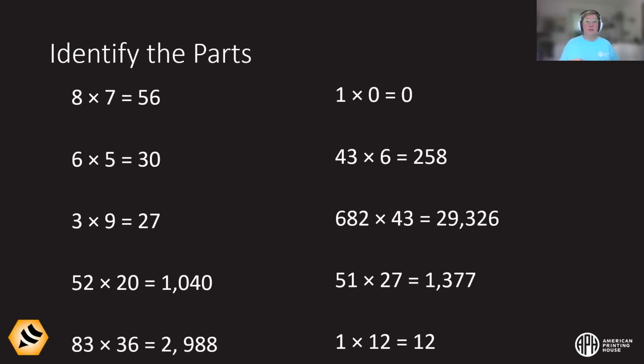Let's start just as a group identifying the parts. I'm going to look at the very first problem on the screen. It is 8 times 7 equals 56. Which number is the multiplicand in that problem? 8 times 7 equals 56.